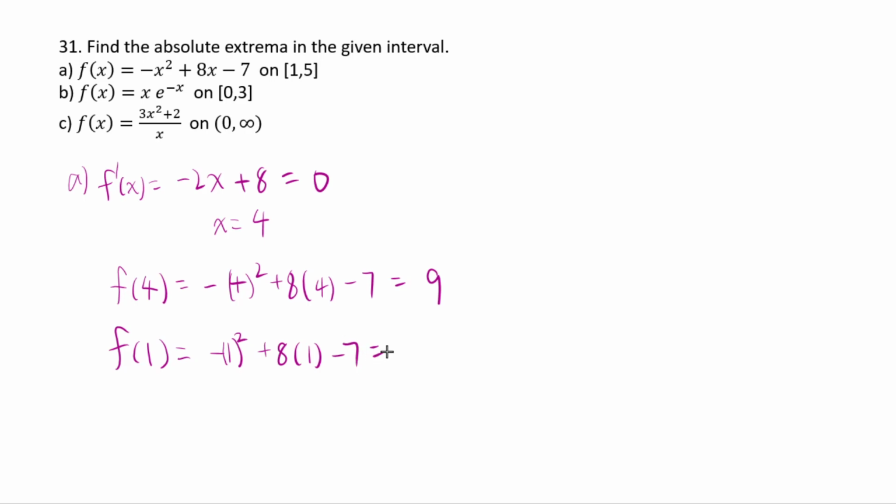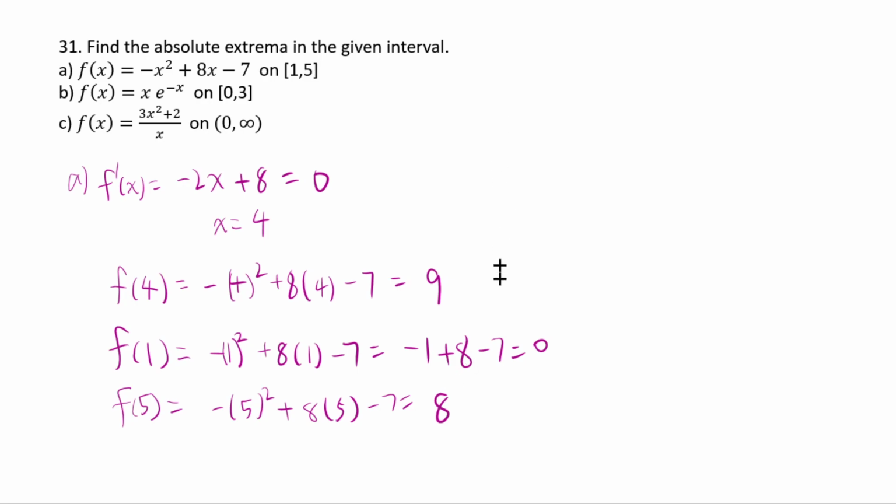Right. That's going to be 0. So let's see, 40 minus 7, 15 minus 7, that's 8.